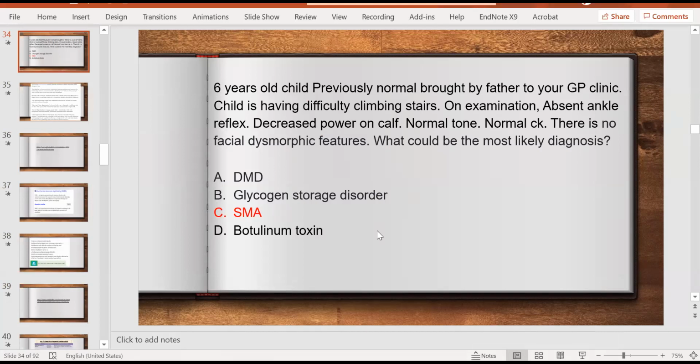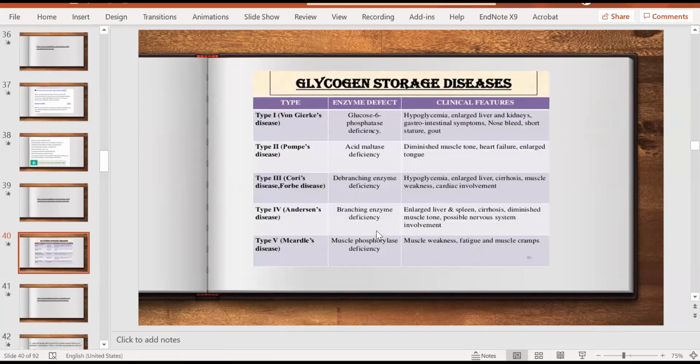Any question? Now, glycogen storage disorder, you don't need to remember this one. This is also a genetic disorder, which is manifested by excessive accumulation of glycogen in the liver and other parts of the body. Your body is supposed to break down glycogen into glucose to use it.